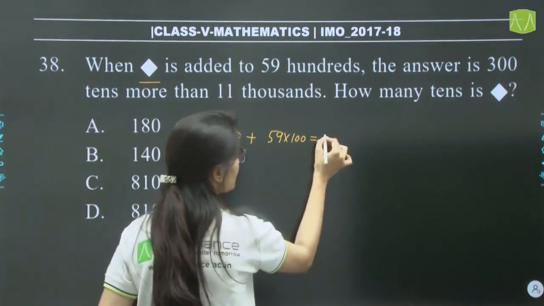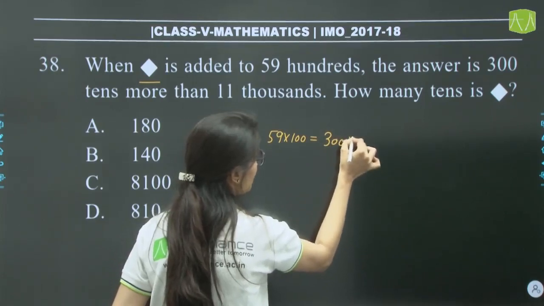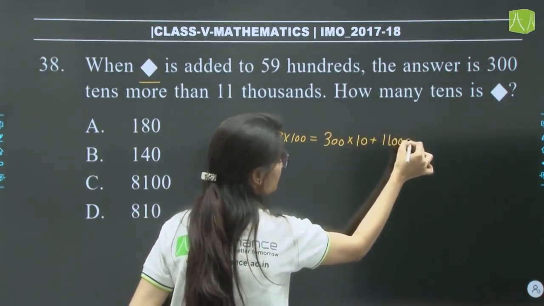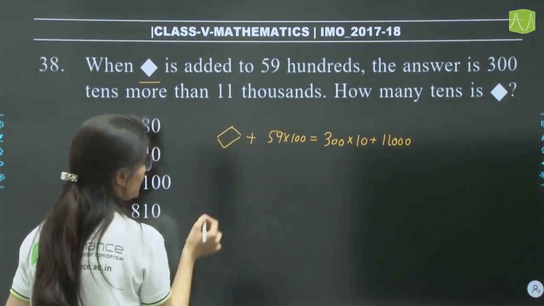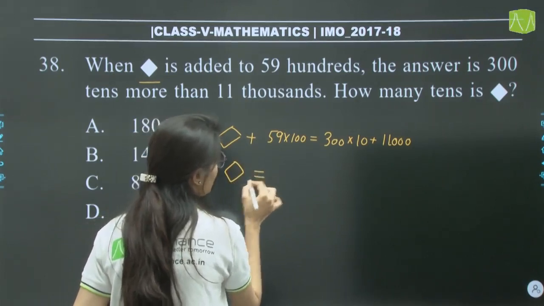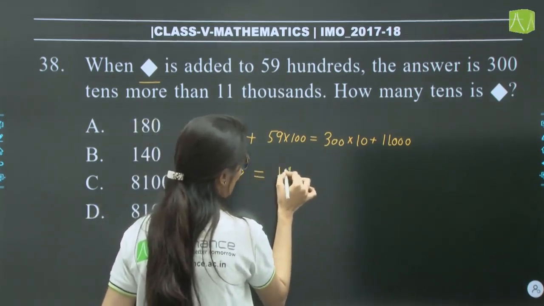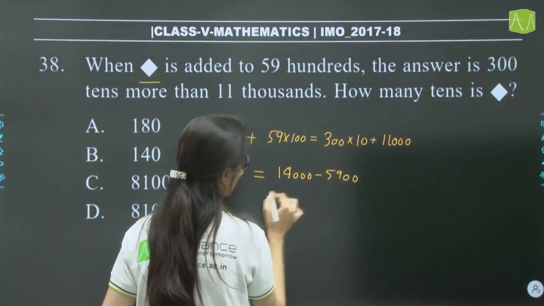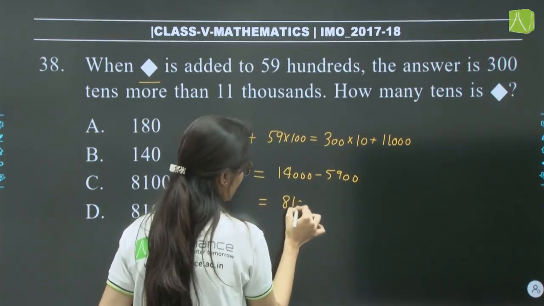How can you write it? 300 tens means 300 multiplied by 10 more than 11 thousandths. So 11. You have to add this 11,000. Now you can find out the value of this particular shape, and from here you will get the answer as 14,000 minus 5900. When you subtract it, it will be 8100.